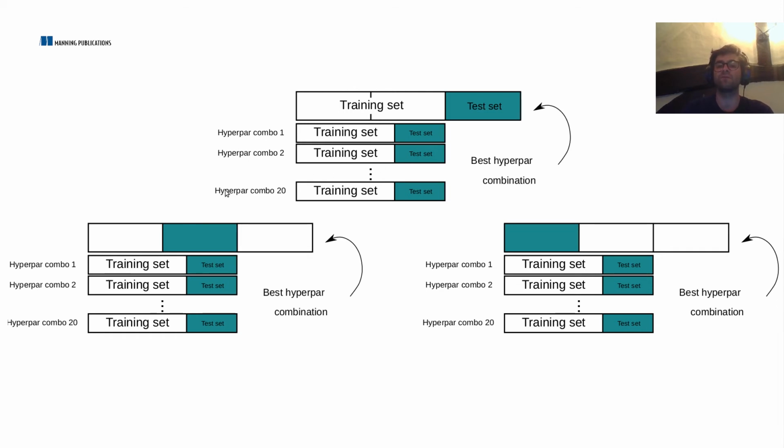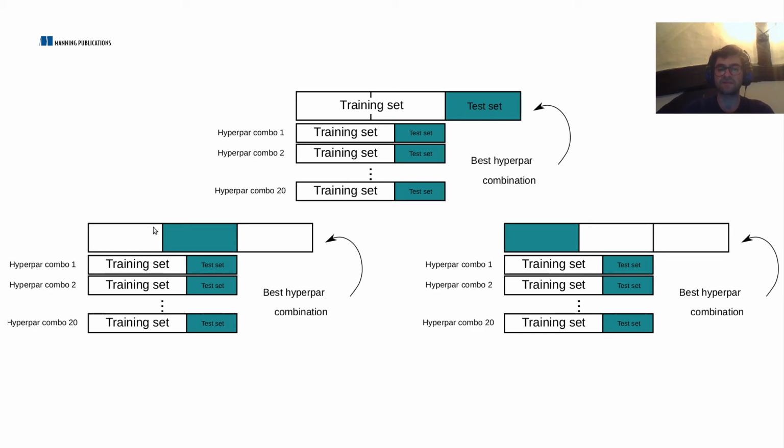We do this for all 20 different combinations of hyperparameters in our random search, because remember I set that to 20 iterations. Of all these 20 iterations, whichever model performed best on the test set, that combination of hyperparameters is then passed up to the outer loop. Now a model is trained using only the training set, using that combination of hyperparameters, and that is then evaluated on this test set here.